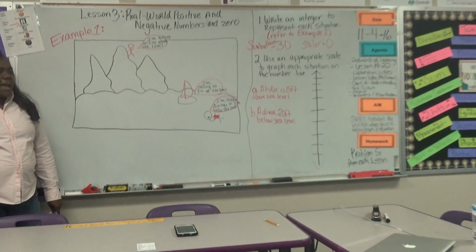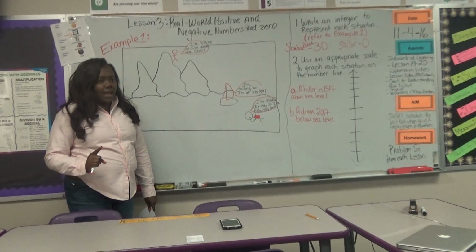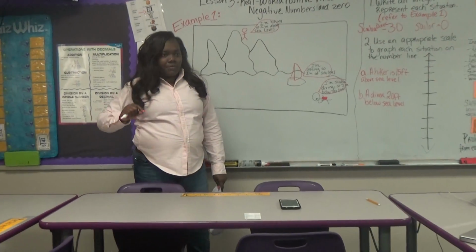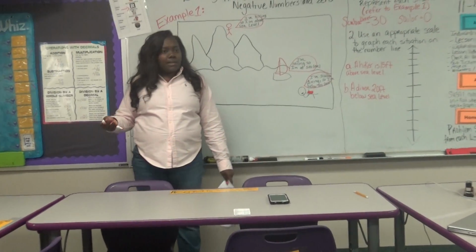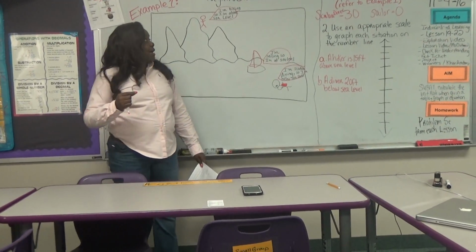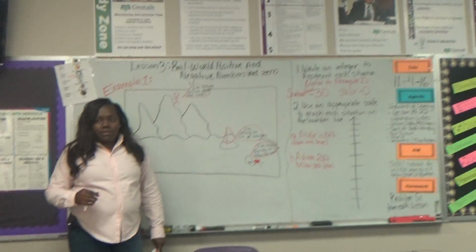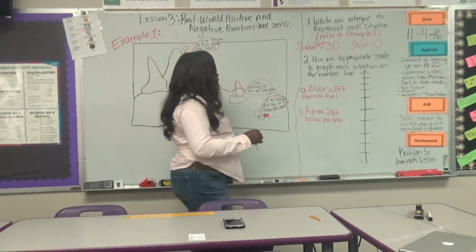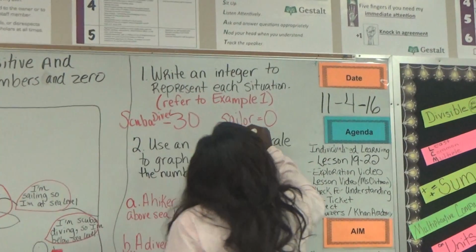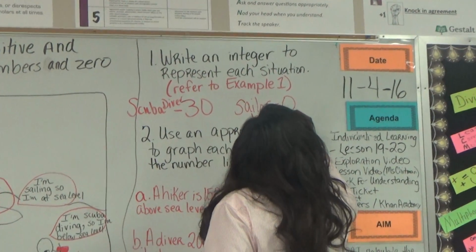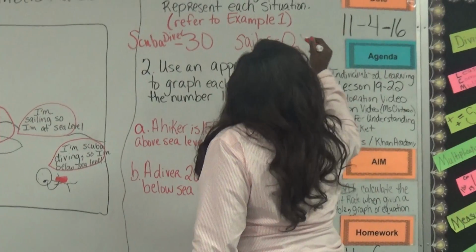So what type of integer will represent 2 miles if I'm above sea level? Is above positive or negative? Positive. So what type of integer would represent a positive change? Positive 2. So for my hiker, on number 1, I'm simply going to write a positive 2.